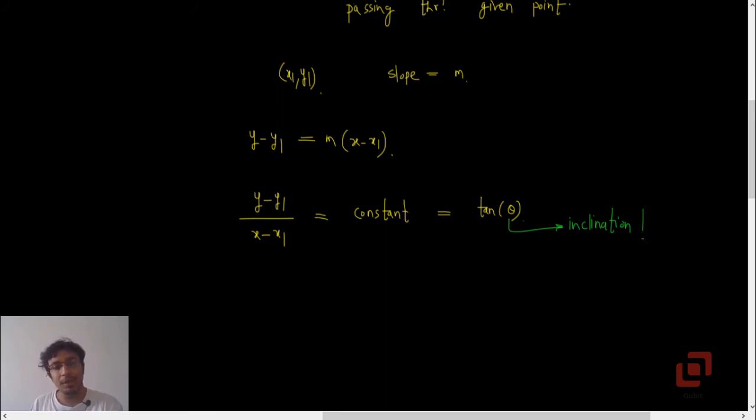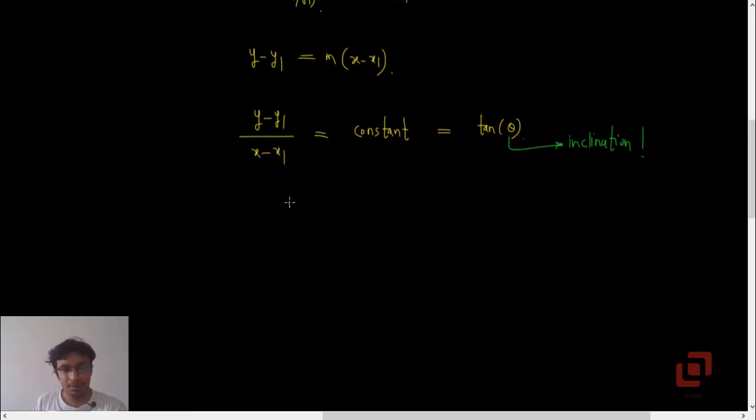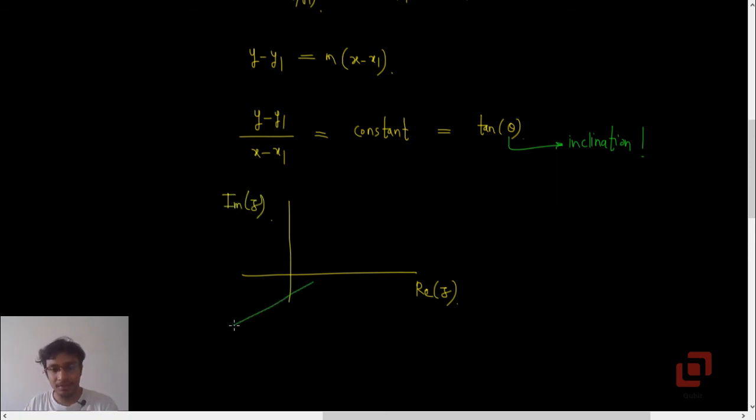We have to now interpret or rewrite this in the context of the Argand diagram. So how are we going to do that? Suppose this is our real axis and this is our imaginary axis. Let us say this is the line which makes an angle theta with the positive direction of the x-axis.